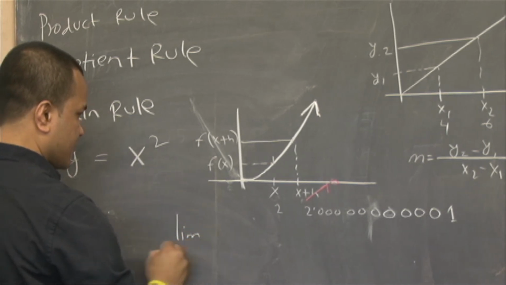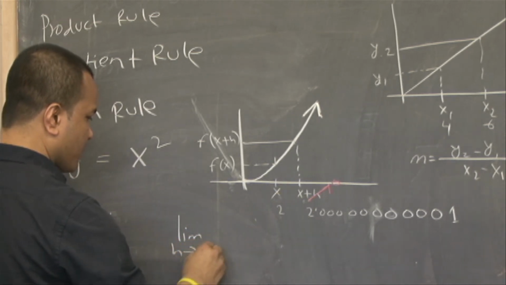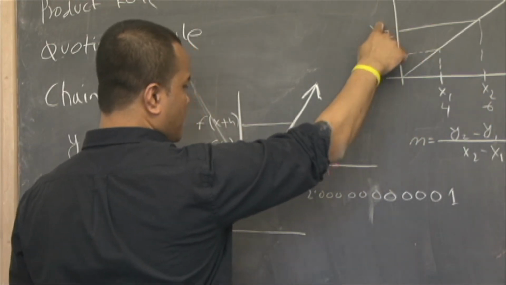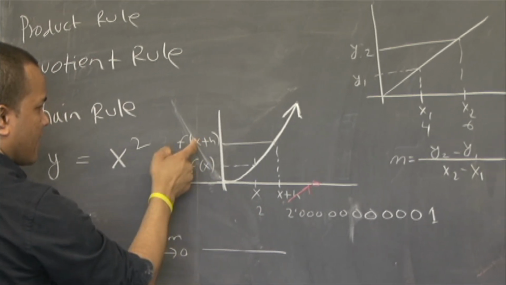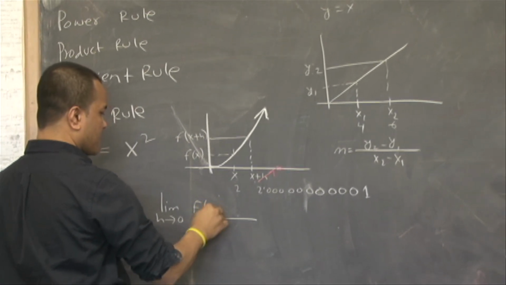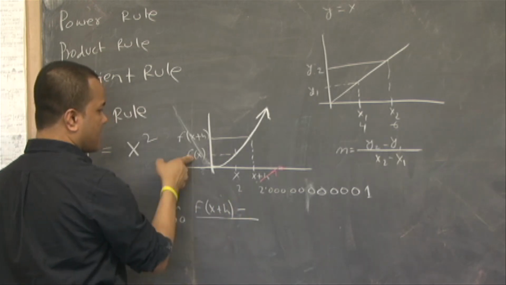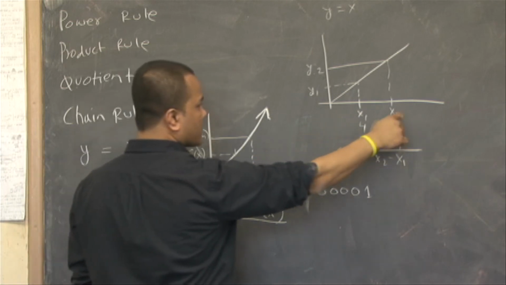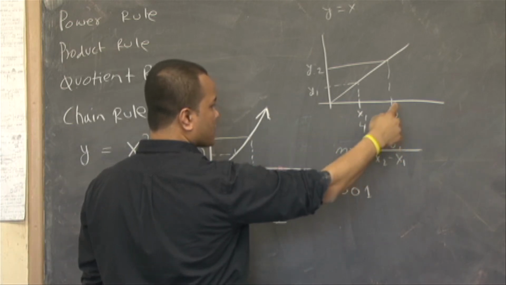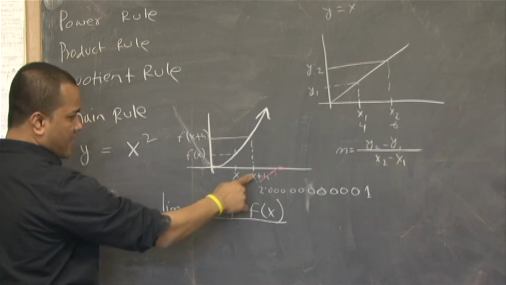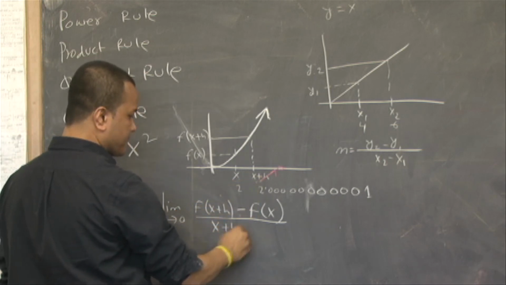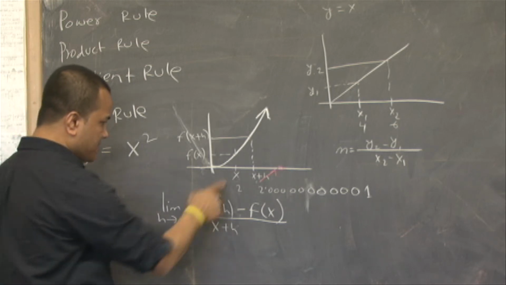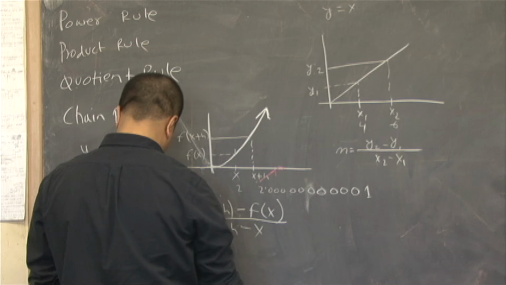Limit as h goes to 0. Here we wrote y2, here we're going to write f of x plus h minus f of x. Over here we wrote x2 minus x1, here we're going to write x plus h minus x. So now what are you going to do?